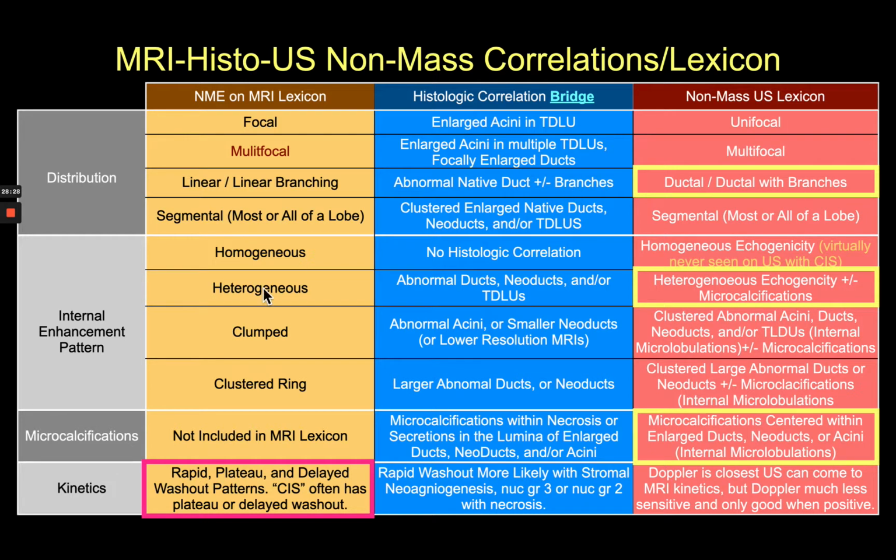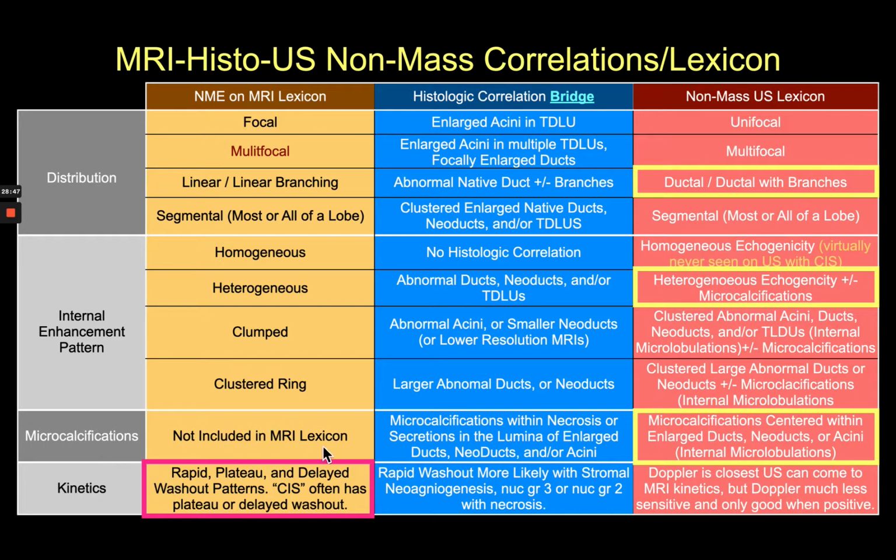We almost never see homogeneous texture on ultrasound, virtually always heterogeneous in these cases. But when we do get heterogeneous, we can actually see discrete microcalcifications, and I showed you the value of that on an earlier slide. So that's an advantage to ultrasound, actually.